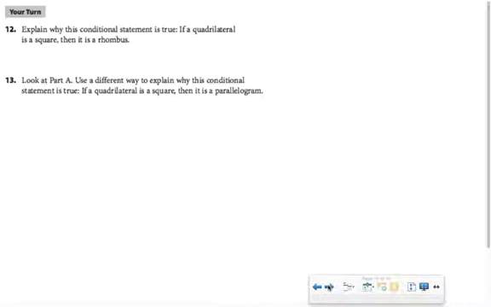The statement is, if a quadrilateral is a square, then it is a rhombus. So by definition, a square has 4 congruent sides.